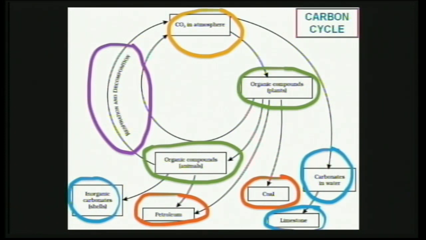Then ultimately what happens is that from the atmosphere, it goes to plants, it goes to animals, it goes to soil, it turns into petroleum, it goes into shells, and it goes to different things. But then ultimately it goes back to the atmosphere. When we respire, when plants respire, when animals respire, this carbon in some form goes back to the atmosphere again. And so this cycle continues.